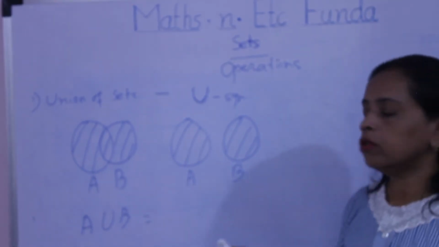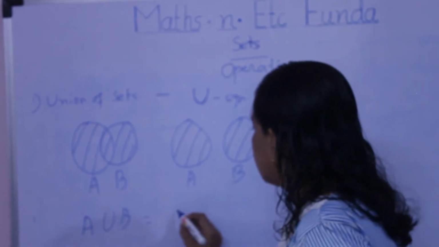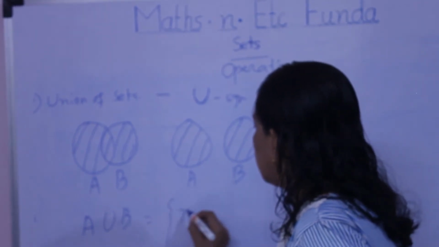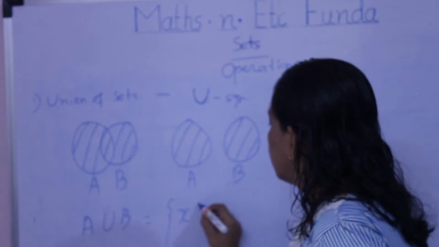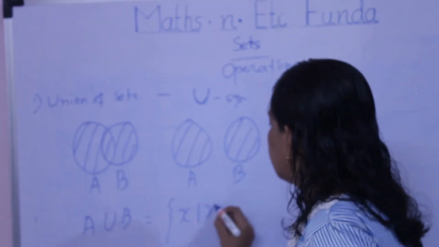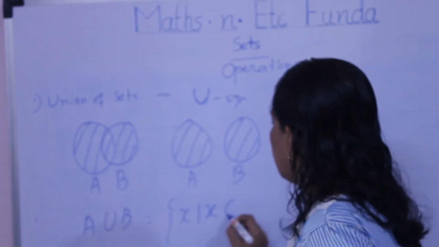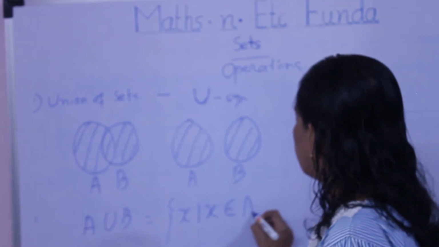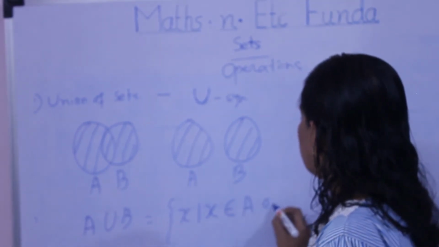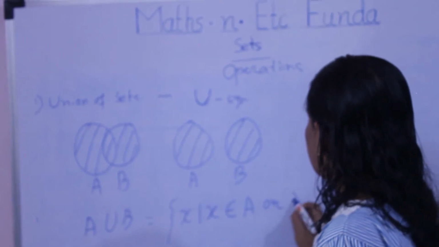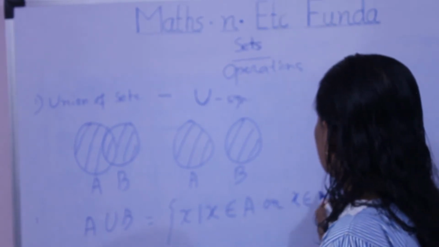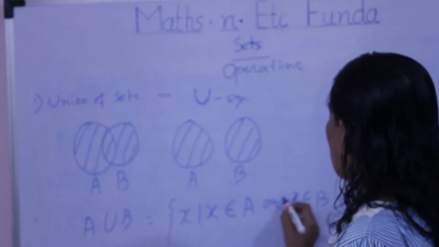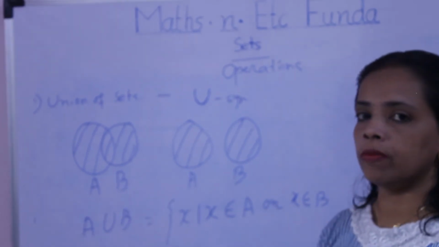In set notation, we will write like this: x such that x belongs to A or x belongs to B, or in the sense here inclusive.